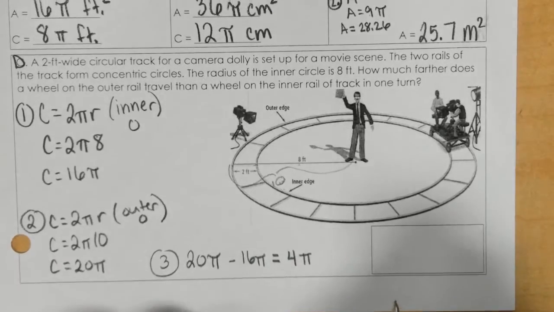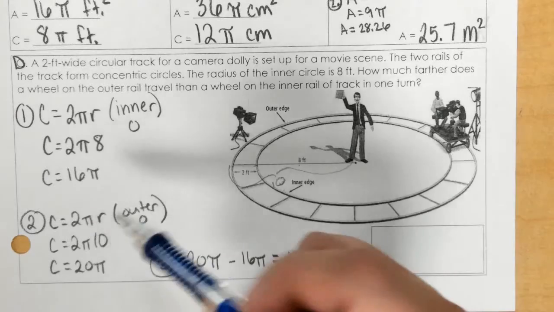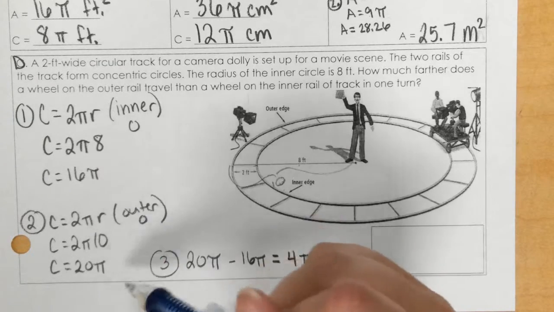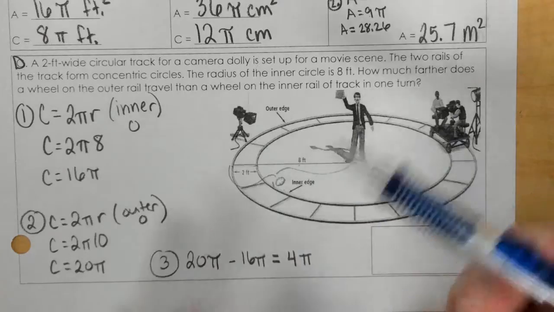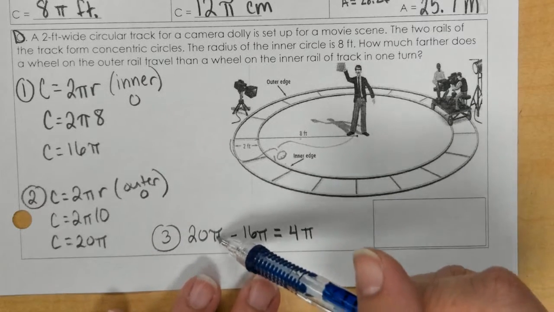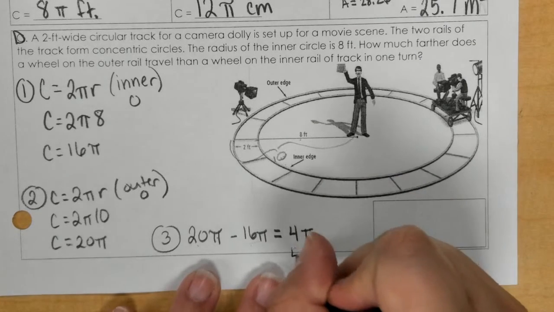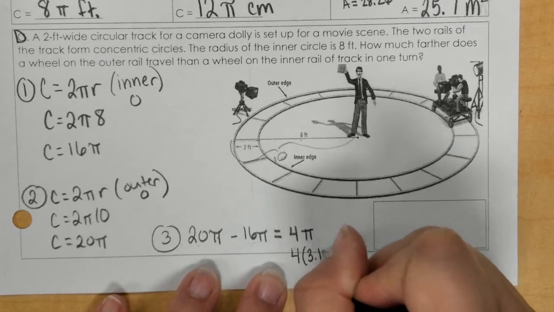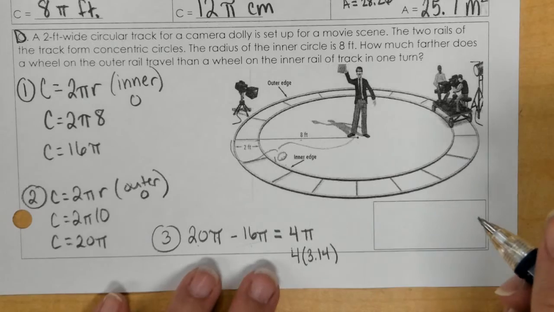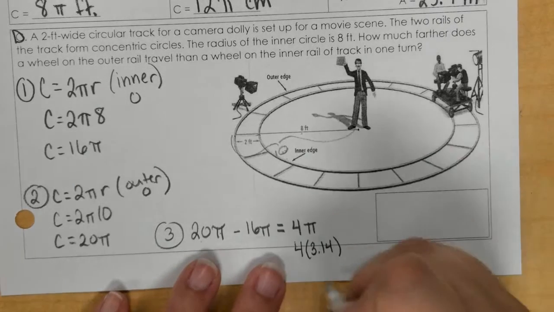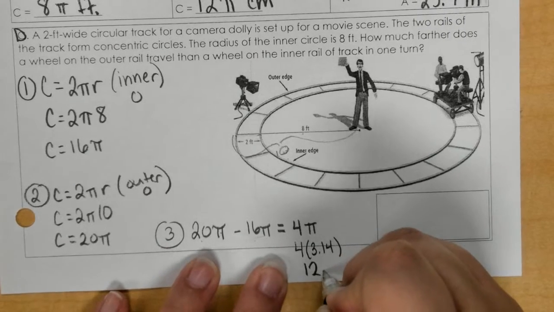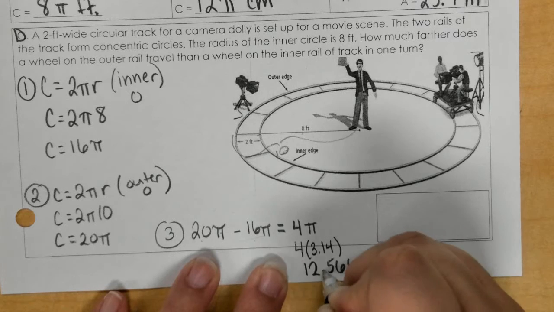Now I can calculate, because I really wouldn't need to mess with decimals until I need to. Plus, if I have pi at the end of each one of these numbers, those are like terms, so I can just subtract them. So now if I do 4 times 3.14, this gives me 12.566.